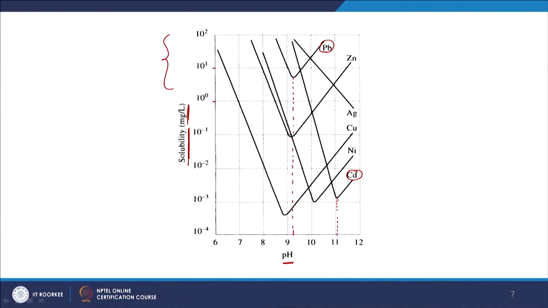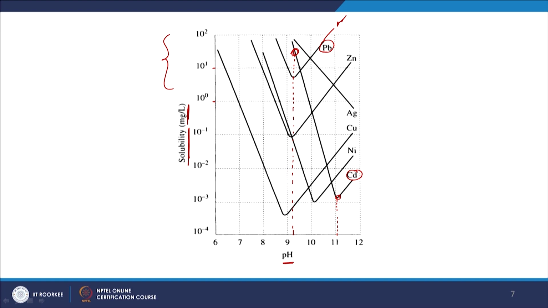If I choose, let us say, 11, I can see that the lead concentration is going to be considerably high. If I choose the pH at which cadmium is lowest, lead is high. And similarly, if I choose pH 9.25, I can see that the cadmium concentration is going to be considerably high.